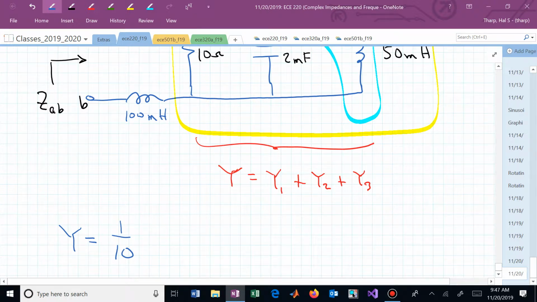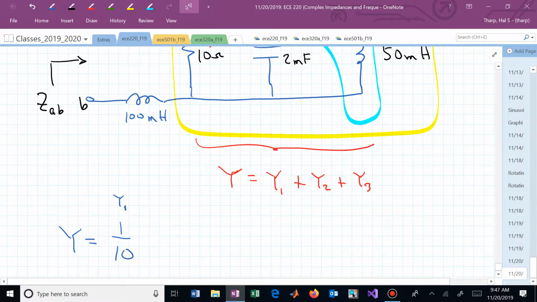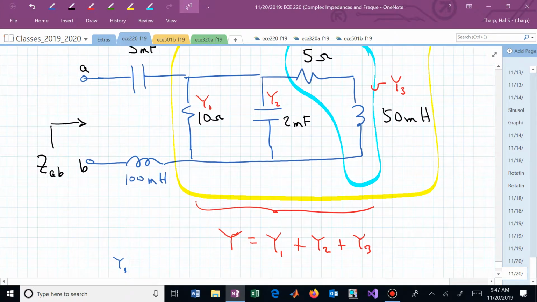We're taking its reciprocal, so this is now Y sub 1. What's the impedance of this Y sub 2? That's 1 over J omega C. Oh, so we can't go anywhere, can we? We went into this restaurant and nobody told us what's on the side.